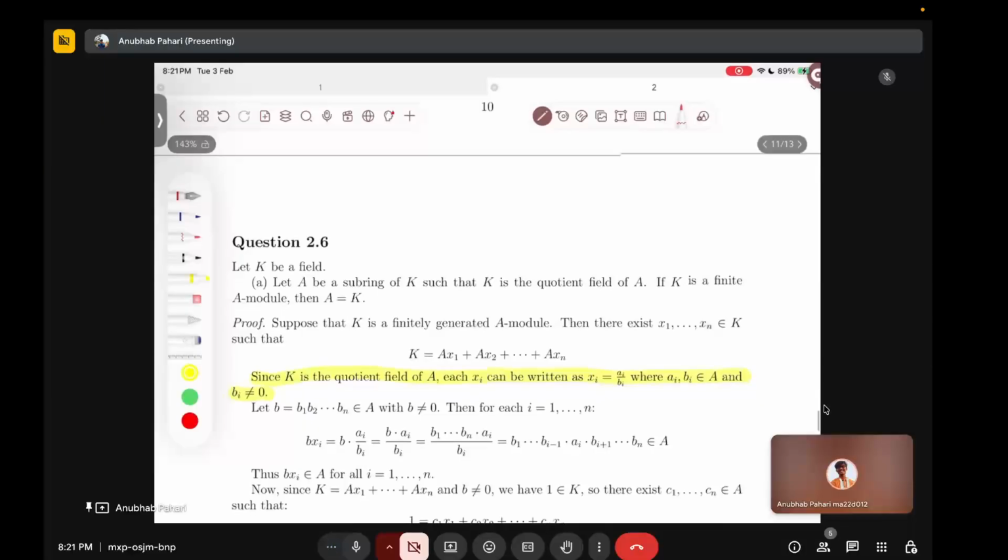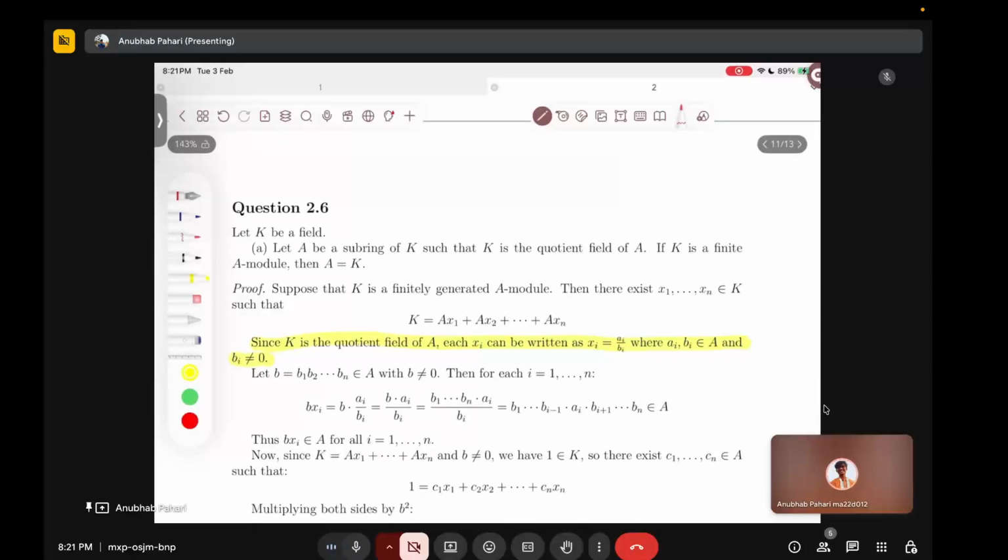It can be written as something like this. For an integral domain, a quotient field is something like: if A is an integral domain, then you can write it as a/b such that b is not equal to 0. So this is always a field.